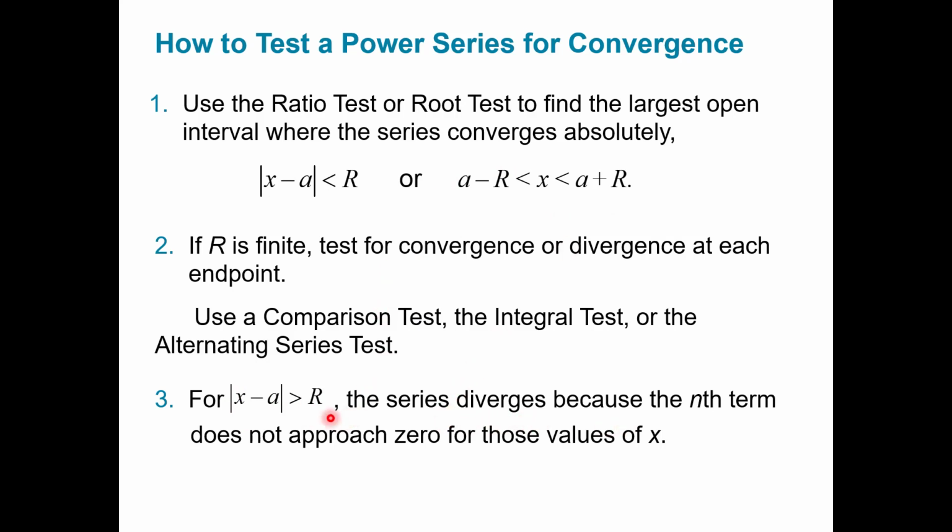I'm sorry, this is the greater than case, so it's the exact opposite of what I have up here. The series diverges outside of this interval, and this is because of the nth term test. The nth term does not approach 0. So anywhere outside of what we call the radius of convergence, our series would diverge. All right, and that is our power series and how to test for convergence.